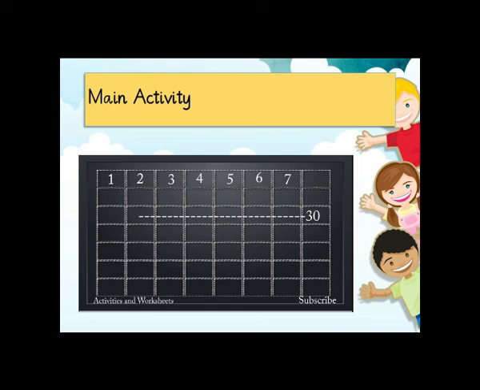Just look and write. For example, 30, 29, 28, 27, 26, 25 till number 1. Just look and write. If your child is frequently repeating this process, he or she will know the numbers in backward direction.